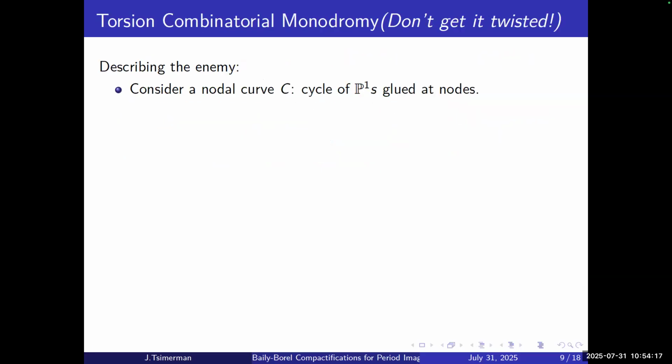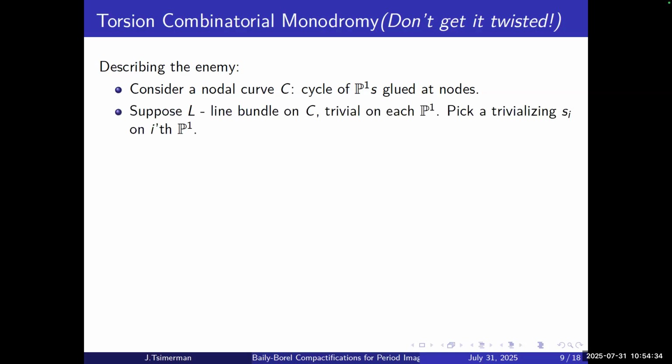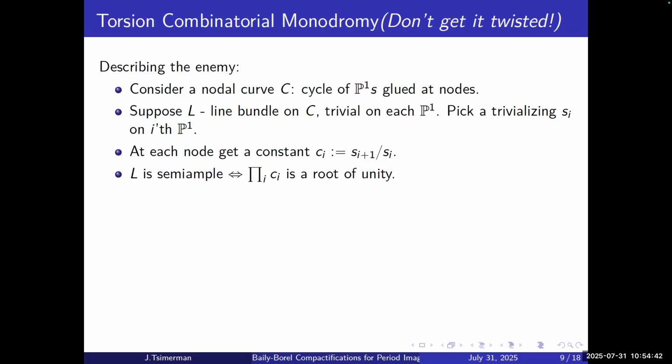Okay, so let me talk about these two ingredients, the torsion combinatorial monodromy and the integrability, which show up in both of our cases. So what's the enemy? What's the kind of thing that we don't want to happen? Well, think about a nodal curve C, which is just a bunch of P1s glued together at nodes in some sort of chain. You can have a line bundle on C and assume that it's trivial on each P1, or equivalently trivial on the normalization.